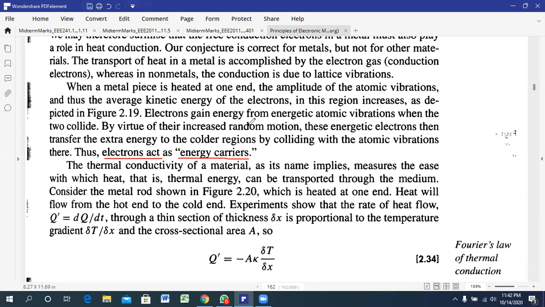So from here we know that the thermal conductivity of a material implies that heat, or thermal energy, can be transported through the medium.